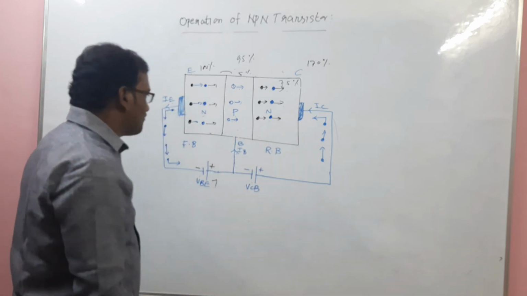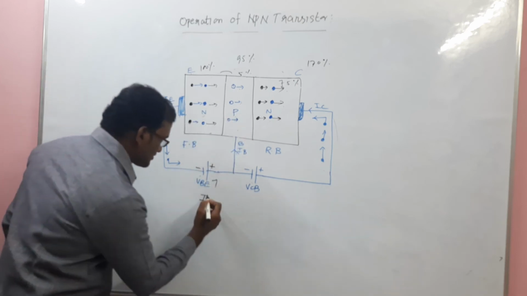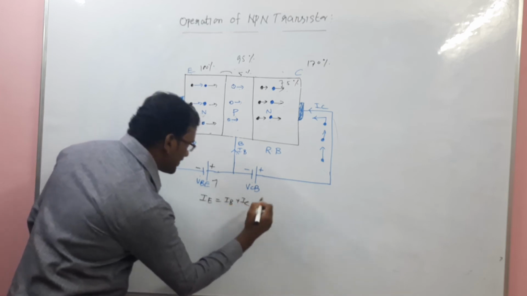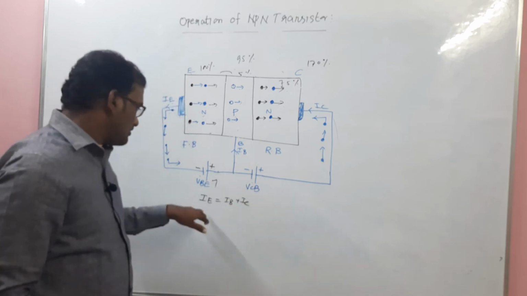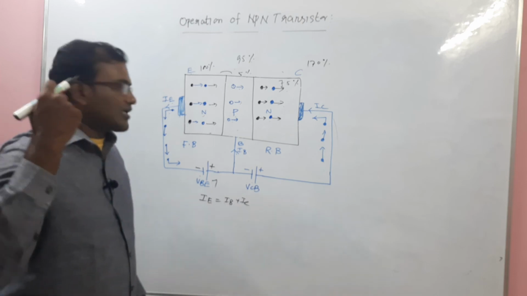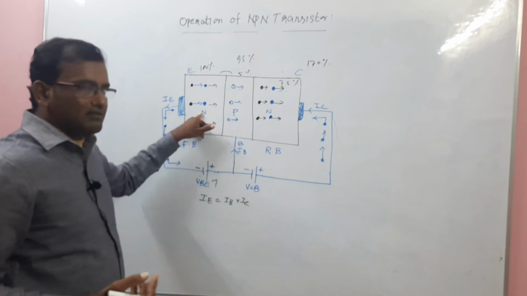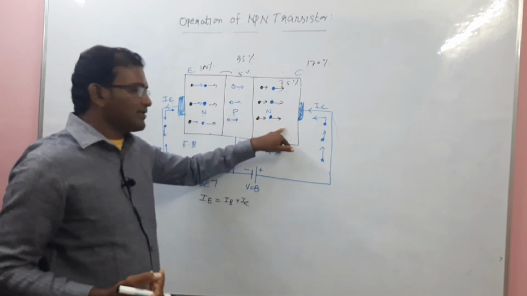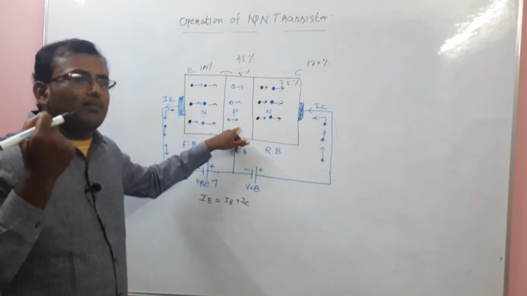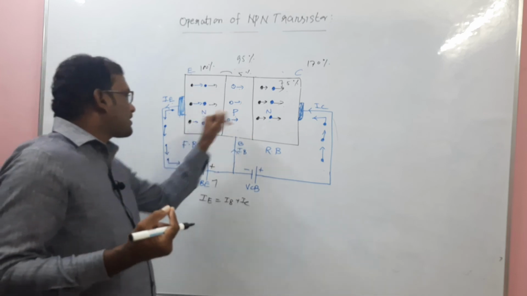Now we should calculate the basic emitter current: IE equals IB plus IC. In which terminal is the current maximum? The current is maximum at the emitter and at the collector, but in the base region only 5% of the current is present compared to the emitter and collector.